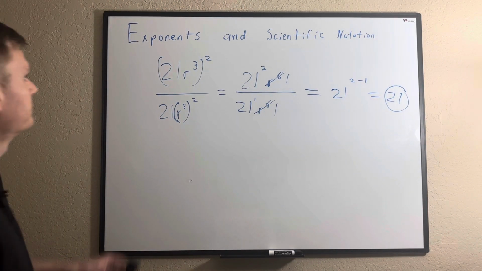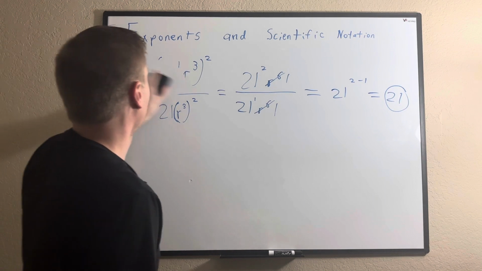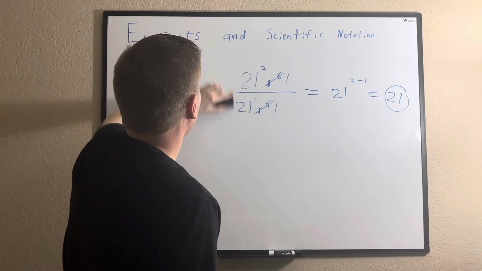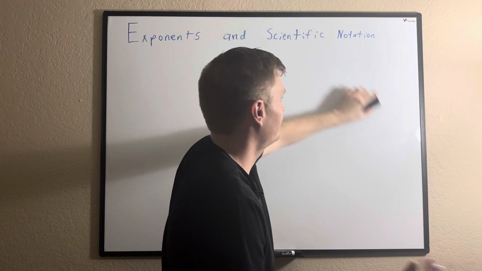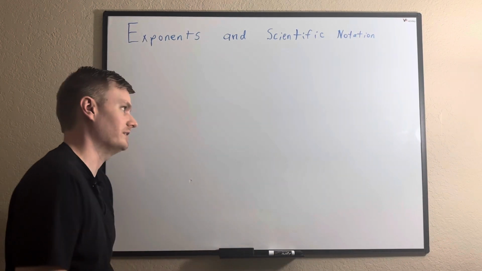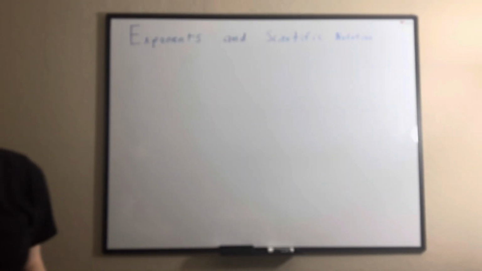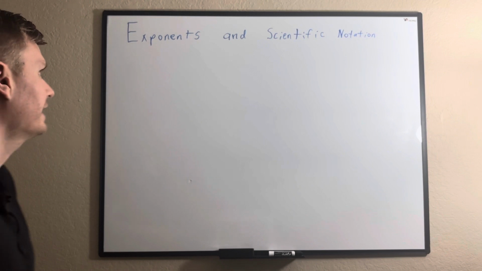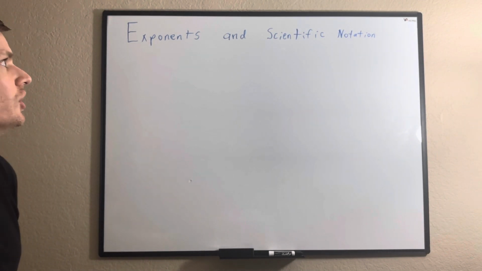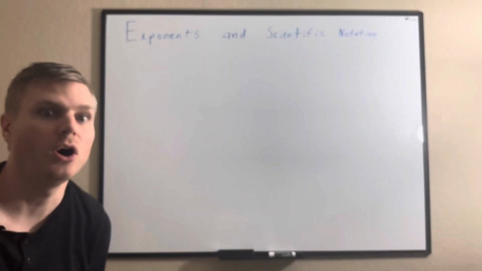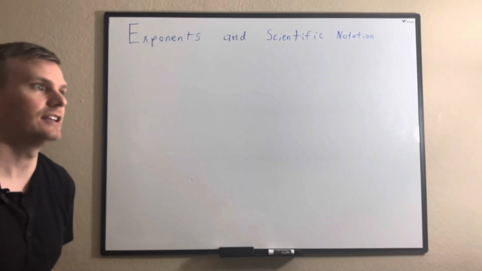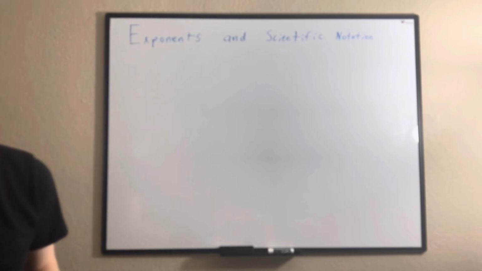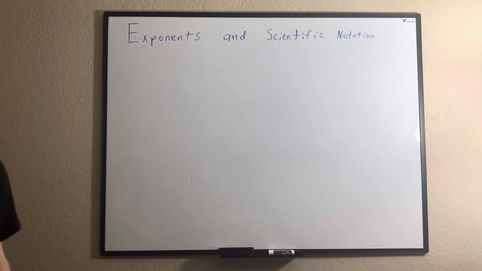All right, well, that's the exponent part of our lesson. Now we get to scientific notation, which is just more exponents, unfortunately. But I call it scientific notation because it's mostly used in science with extra large numbers and extra small numbers. So what I did is I just Googled the mass of the Earth, right? And they give me the answer in kilograms.